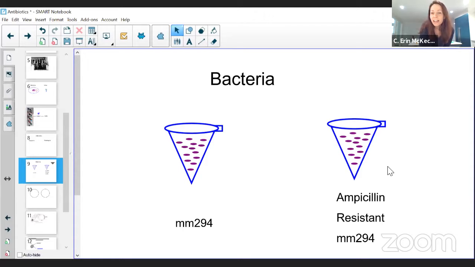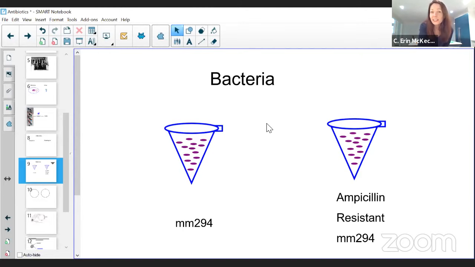If I add ampicillin to this one over here, the ampicillin-resistant MM294, do you think anything's going to happen? I don't think so. Because these cells are able to resist ampicillin, they should be able to grow just like they regularly do, as if the ampicillin wasn't even around.